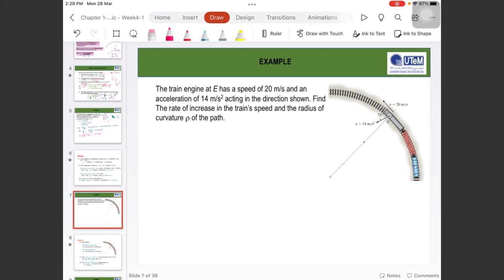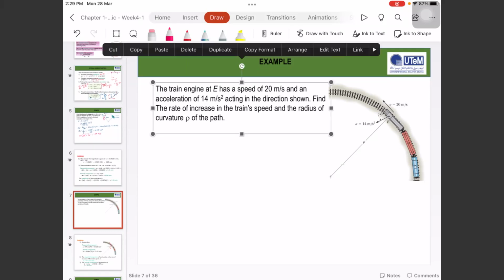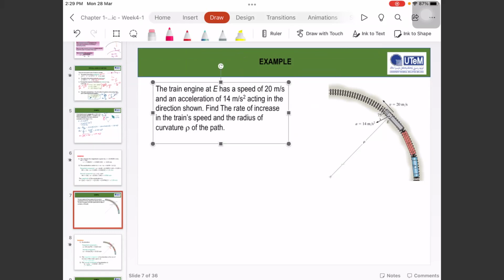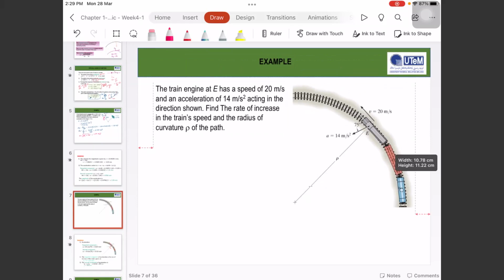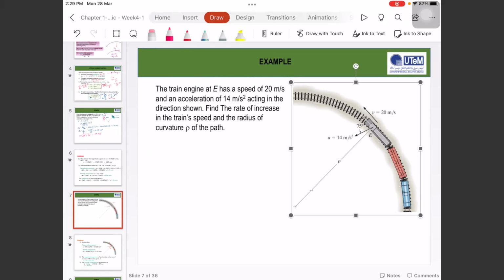Find the rate of increase of the train speed and the radius of curvature rho of the path.